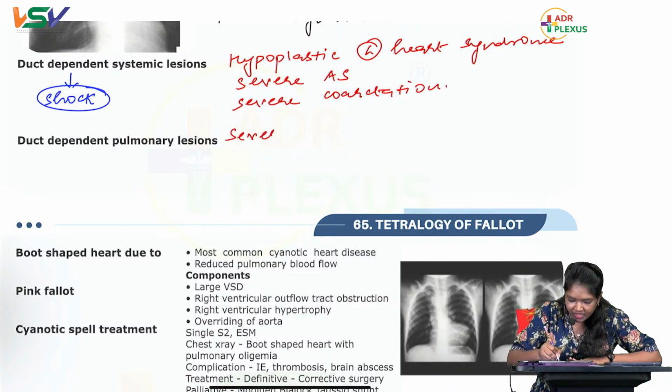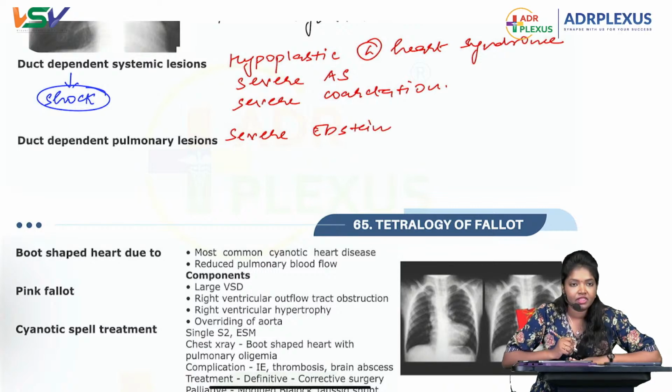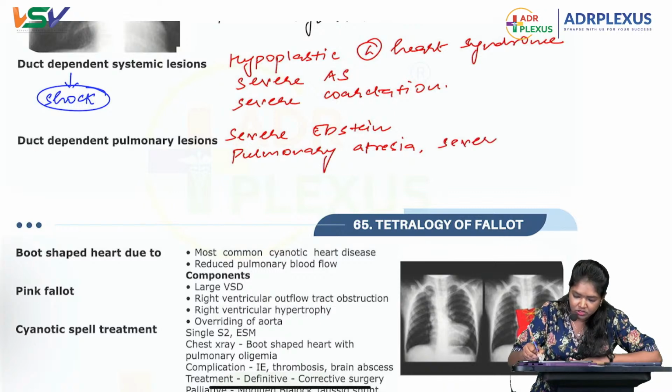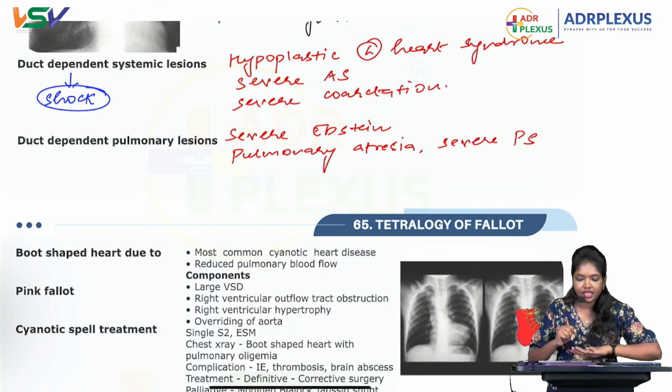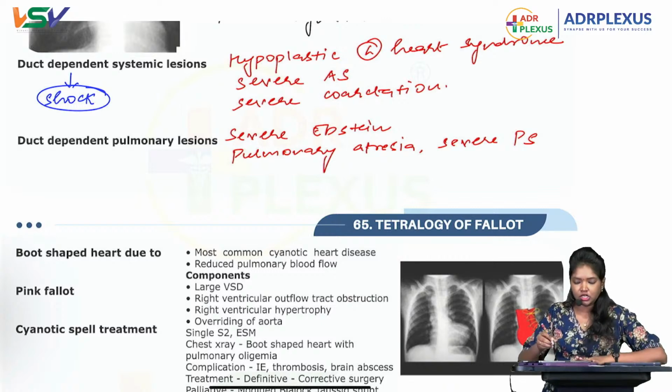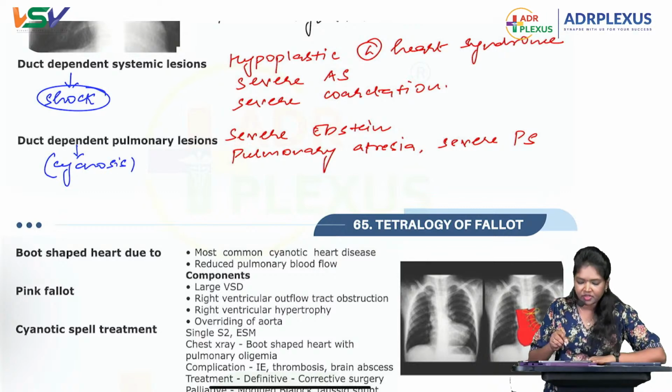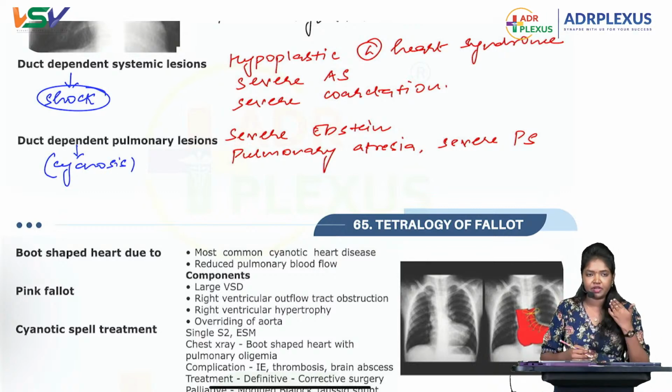Severe Ebstein anomaly, pulmonary atresia and severe pulmonary stenosis. They are dependent on the duct for circulation, so these patients will present with cyanosis. So duct dependent systemic lesions will present as shock, duct dependent pulmonary lesions will present as cyanosis.